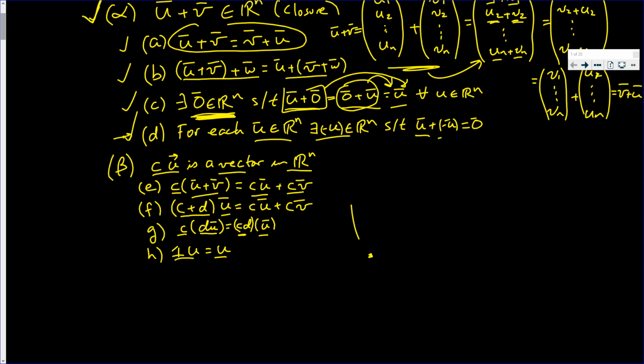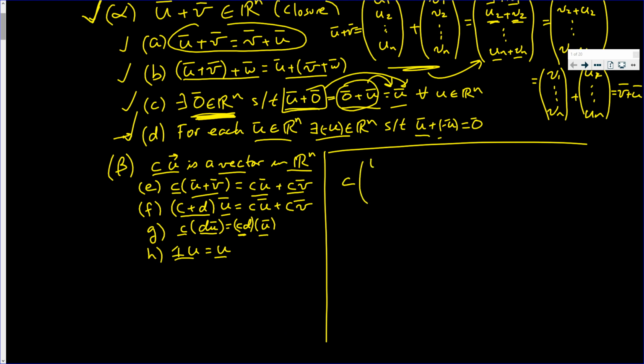Now we go on to beta. Let's see what we have here. We have a scalar c times u, u1, u2, up to un. Now remember, the u1 and the u2, all the way up to un, they're real numbers. And so is the number c. And scalar multiplication means you multiply each of the n entries by the number c.